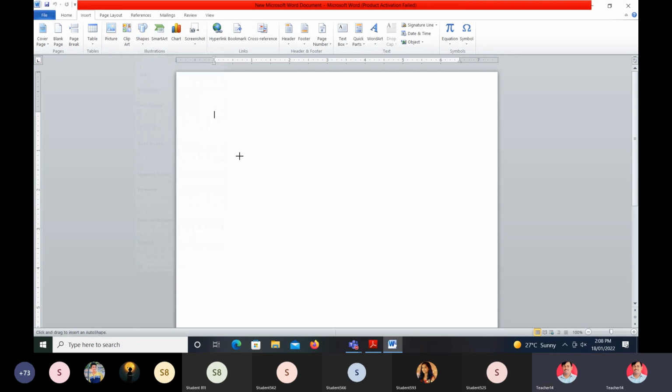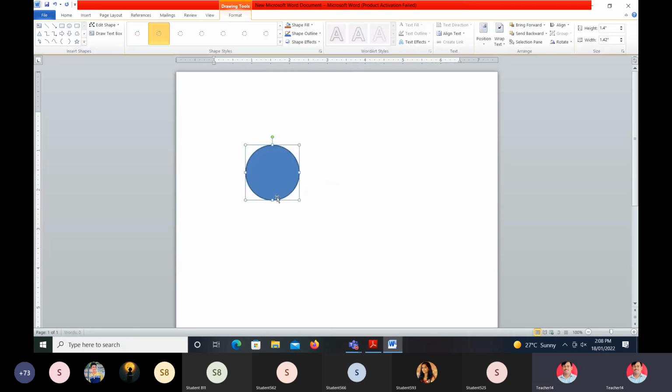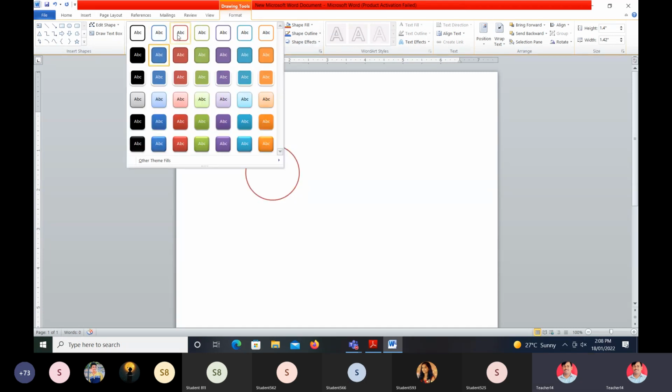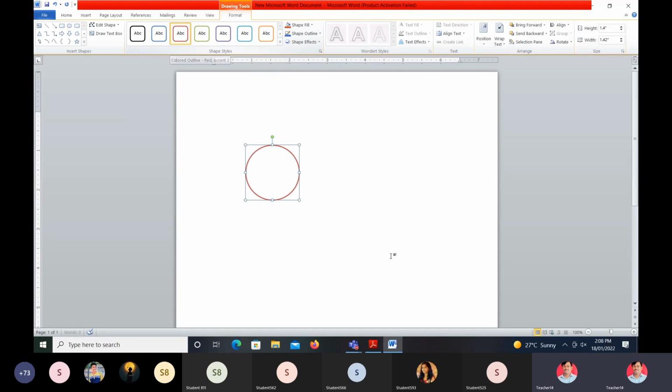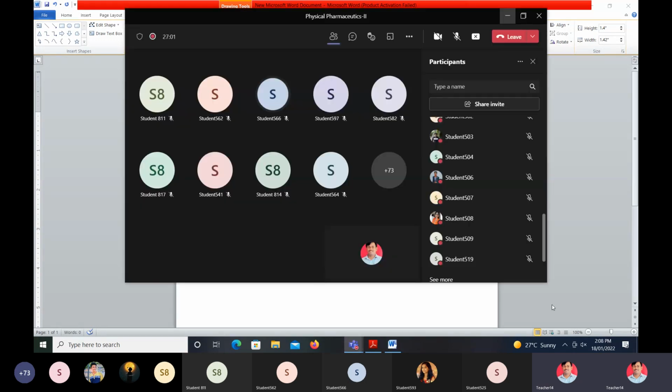Suppose this is the particle, you have to observe it. This particle is perfectly spherical in shape, right?